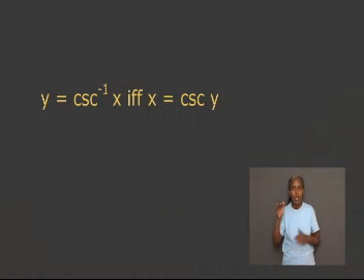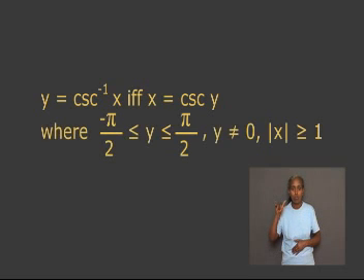Y equals the arccosecant of x if and only if x equals cosecant of y, where y is greater than or equal to negative pi over 2 and less than or equal to pi over 2. Y cannot equal 0, and the absolute value of x must be greater than or equal to 1.